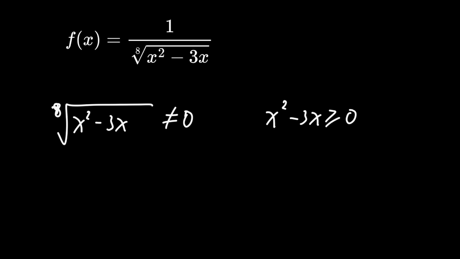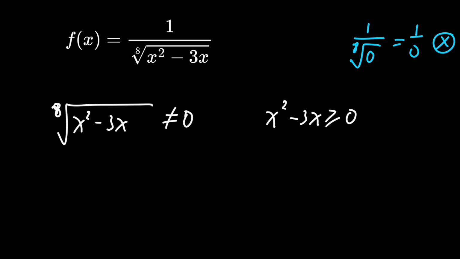But here's the tricky part. If we let the elements inside this eighth root equal 0, what happens? It will be 1 over the eighth root of this 0, and simplify to 1 over 0, and we know this is undefined since the denominator is 0.